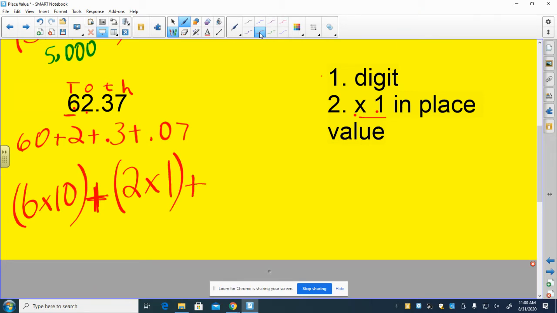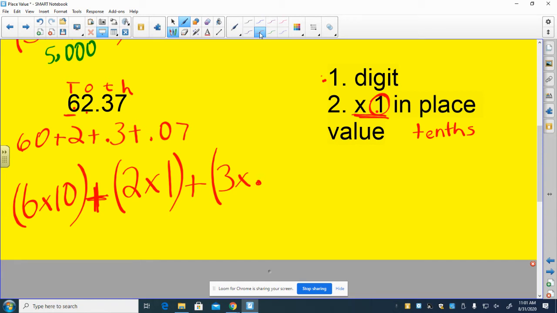Plus, now we're entering into decimal land. We're passing the security guard. Things are going to look a little bit different in decimal land, but we're still following these rules. The digit is 3, times 1 in that place value. So I need a 1 on 10th Street.